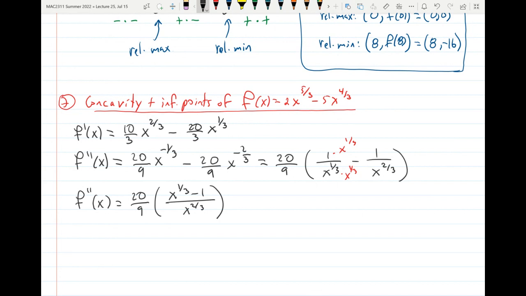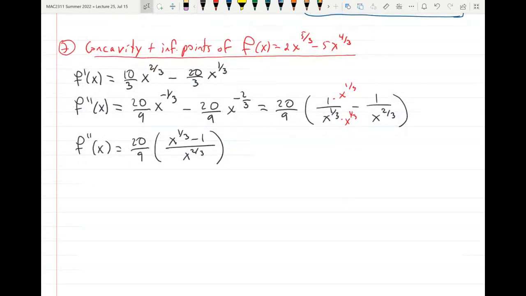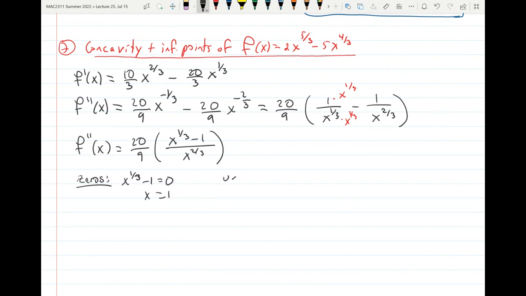Okay, so that's our second derivative, and now we have it in a form that is very easy to analyze, zeros, undefined, etc. Because remember, our job now is to find the sign of the second derivative. But for that, we need to find the zeros, which is given by this equation. Those zeros at the top will be x equals 1, and then undefined.